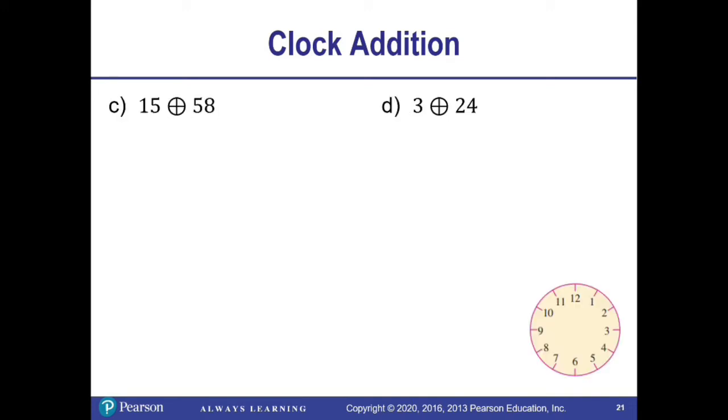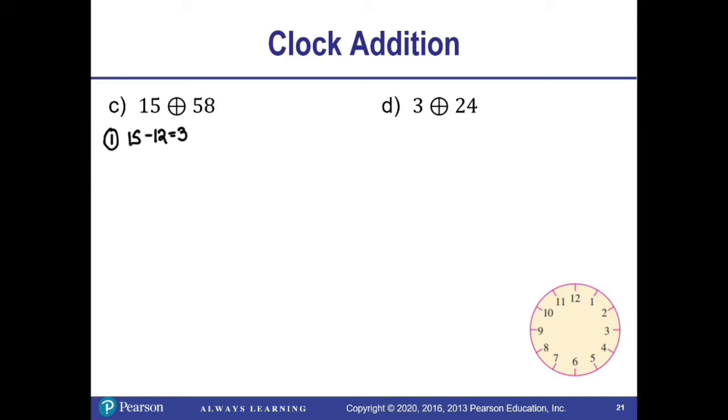Let's look at another example. In part C, both of my numbers are bigger than 12. So I'm going to subtract out a multiple of 12 to figure out where I land on the clock. 15 minus 12 is 3. Now for 58, I need a multiple of 12 that's close to 58, but not bigger than 58.